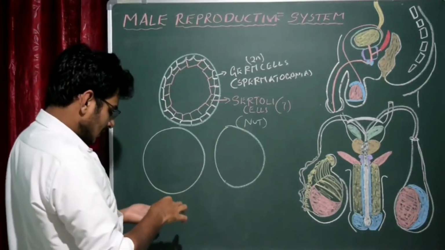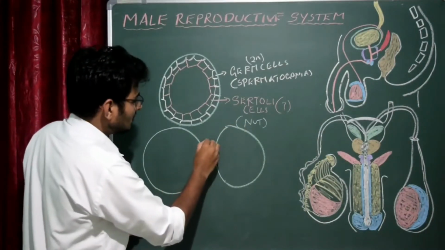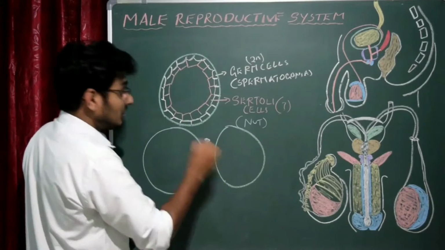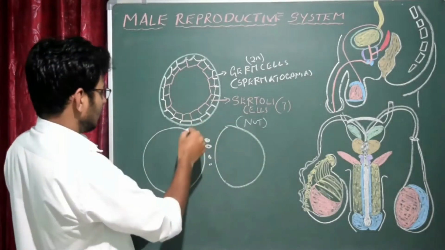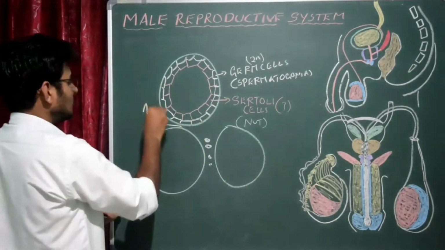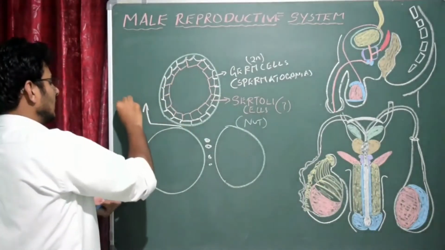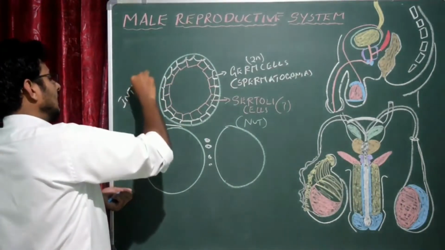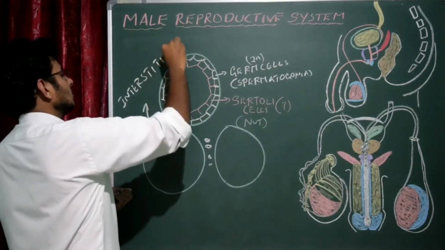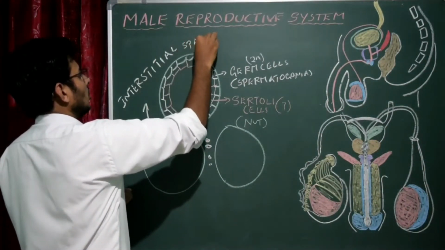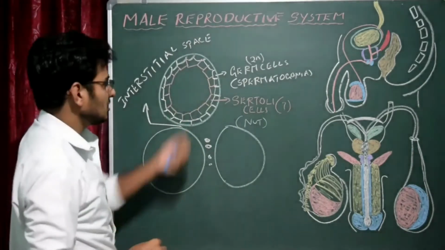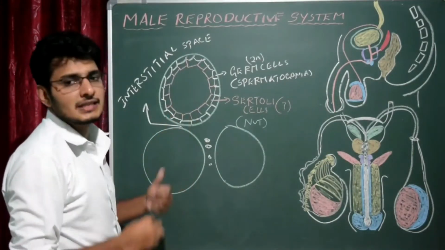This gap is filled with some cells. These gaps, or spaces between seminiferous tubules, are called interstitial space, which is present between 2 or maybe 3 seminiferous tubules.